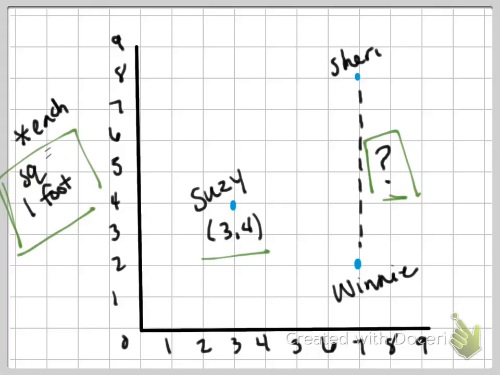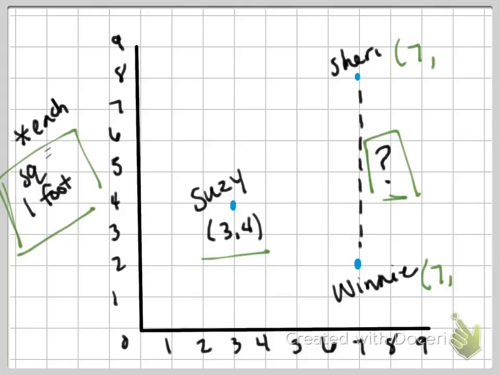I'm told that Susie is at 3, 4, but she's irrelevant to my question, so I'm just going to ignore Susie for now. To compare Sherry and Winnie, I do notice that they share the same horizontal point. They both are over 7, so I know that 7 is the first number in both their coordinate pairs, which is why they can be stacked like that, one on top of the other, because they're both at 7 feet over from the origin.